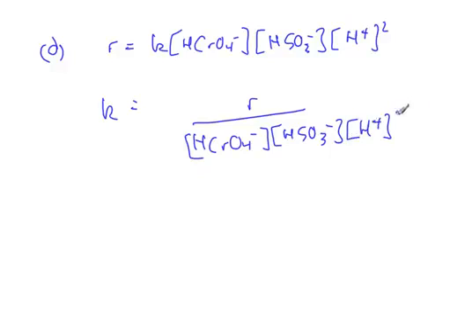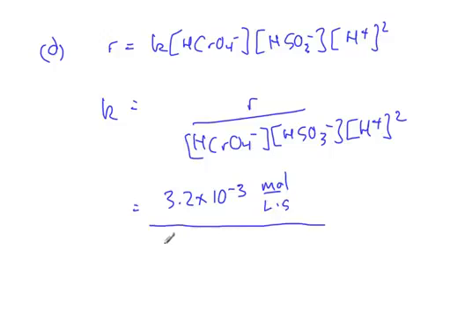And generating our number, and more importantly, generating the unit. This is where you need to realize what the unit looks like. So we just look at information we're given. So we're given an initial rate of 3.2 times 10 to the minus 3 moles per liter second. Initial concentration of hydrogen chromate ion was 0.1 mole per liter.